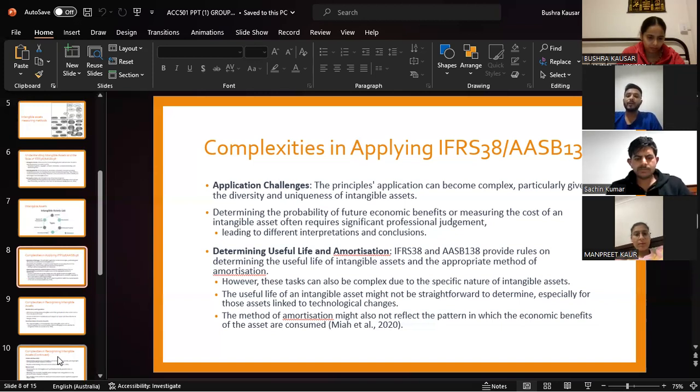The useful life of an intangible asset might not be straightforward to determine, particularly for those assets that are strongly linked to technological change. The method of amortization might also not reflect the pattern in which the economic benefits of the asset are consumed. So now Sachin is going to continue from here on.